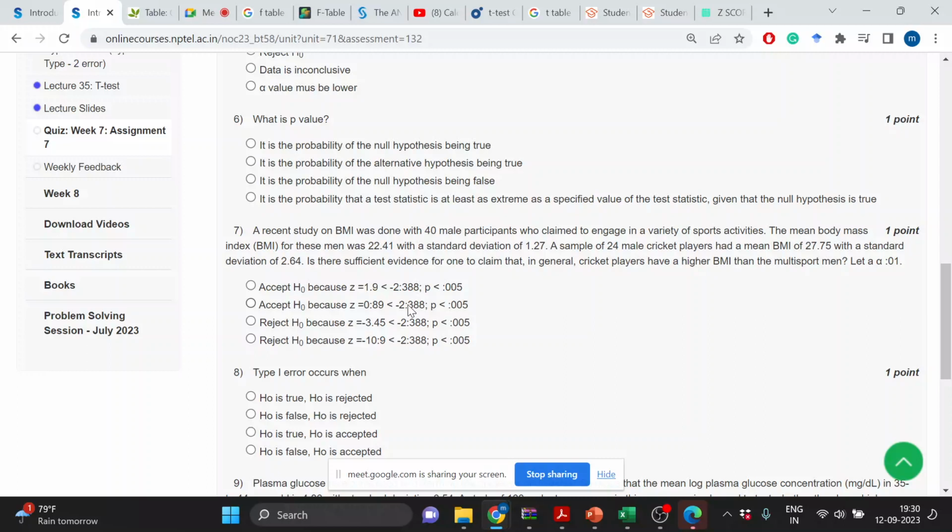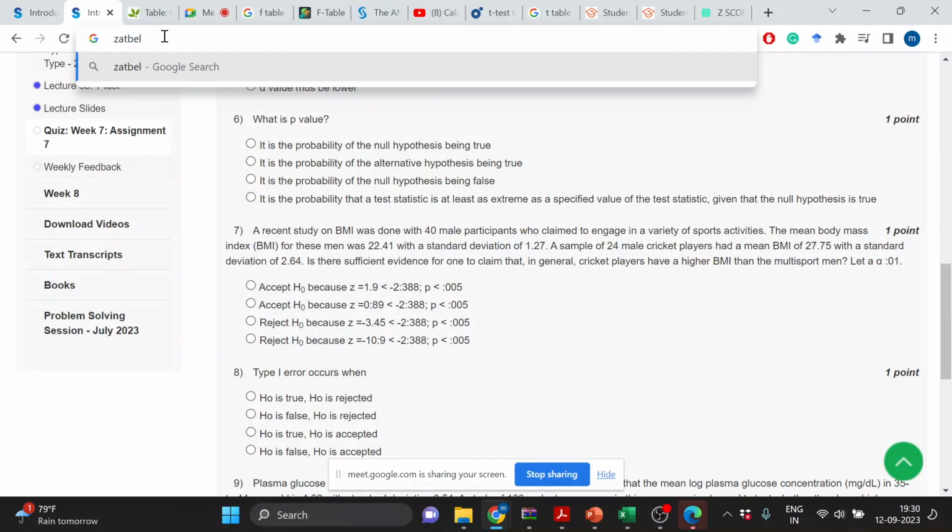Actually, under P equals 0.05, so 0.005 we need to check in the Z table. But here they have given alpha equals 0.01. The options are not framed correctly, is what I think.